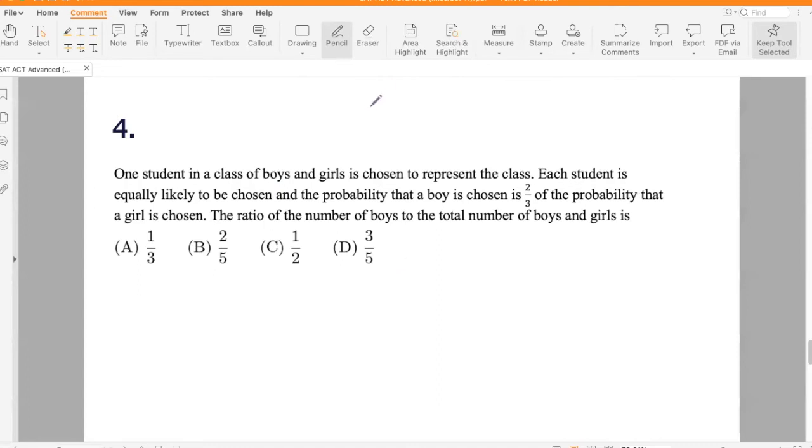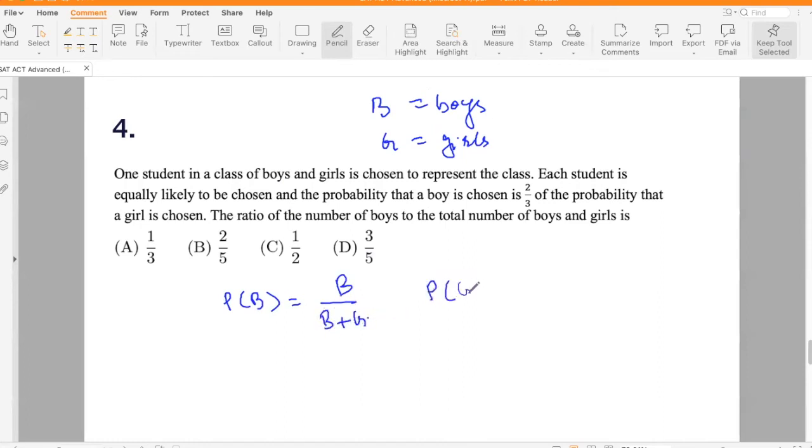So let the number of boys be B, and let the number of girls be G. So the probability of choosing a boy will be boys divided by total students. So that's boys plus girls. And the probability of choosing a girl will be number of girls divided by total number of students.